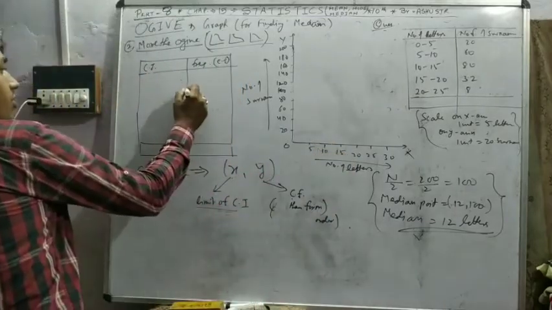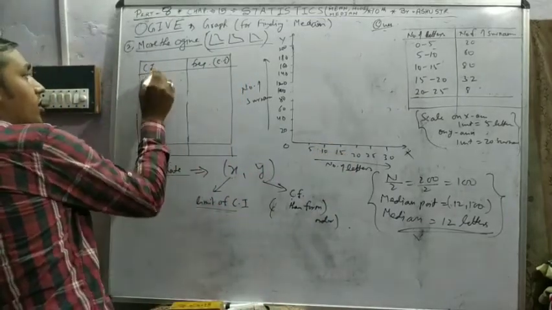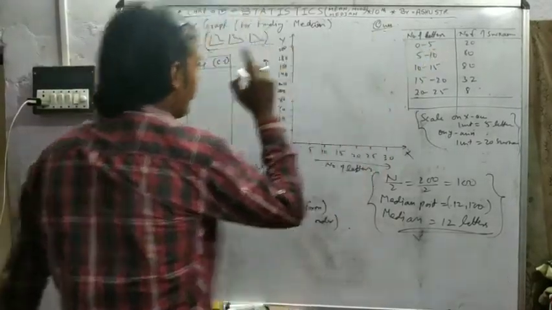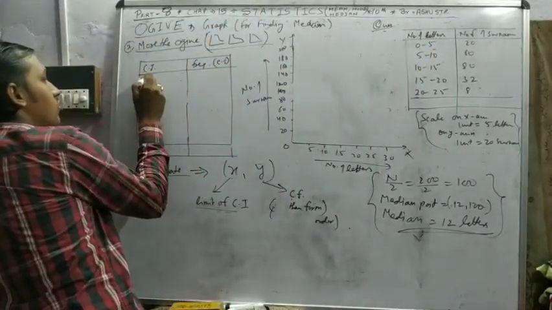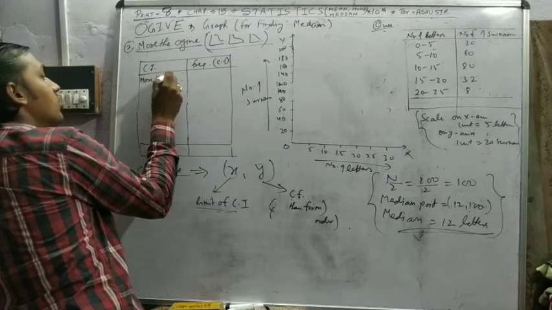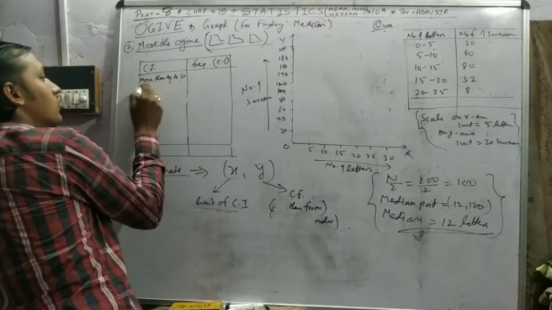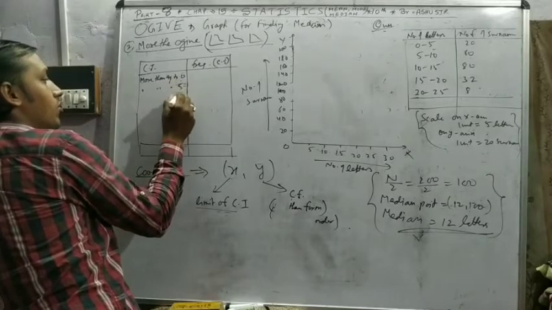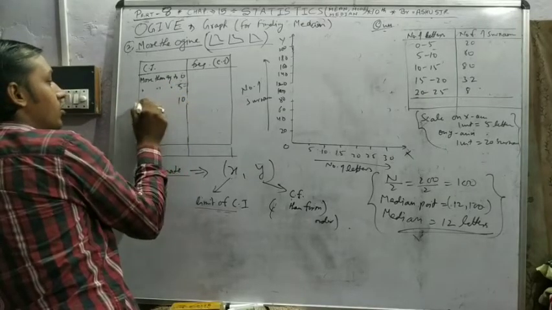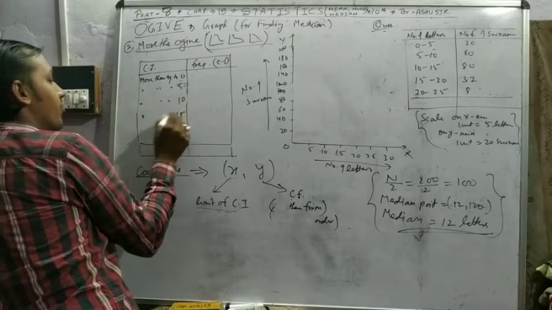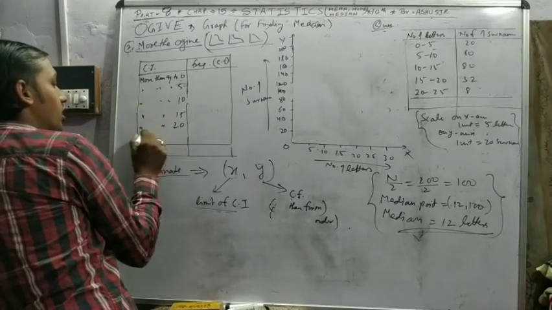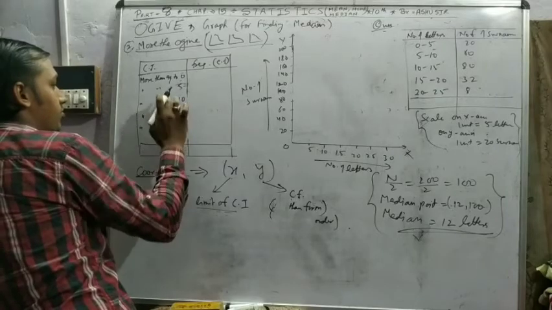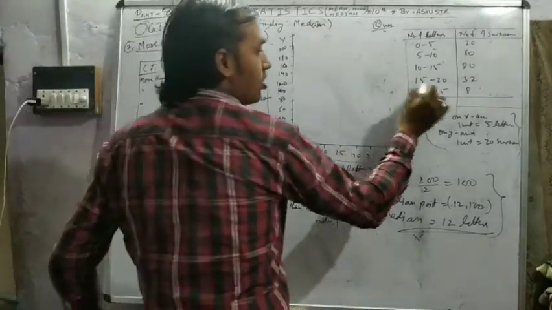So we write here the same things, more than or equal to 0, more than or equal to 5, more than or equal to 10, more than or equal to 15, more than or equal to 20.